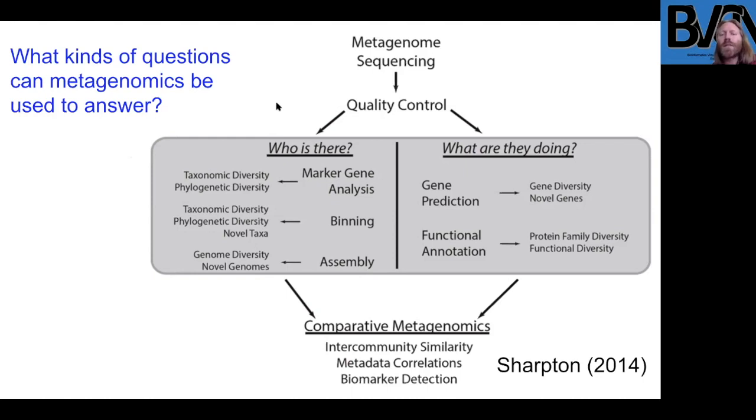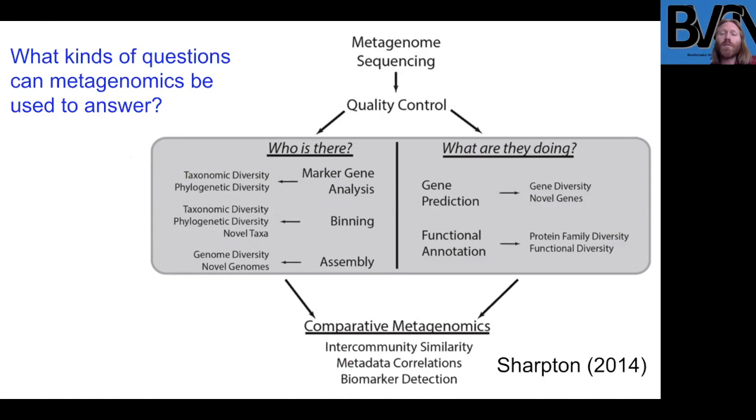One of them is marker gene analysis, which can be used to look for taxonomic diversity, phylogenetic diversity. We'll also be looking at metagenomic assembly and binning. So we can do things like identify novel genomes and genome diversity, and using those, find out more about what's in the environment.